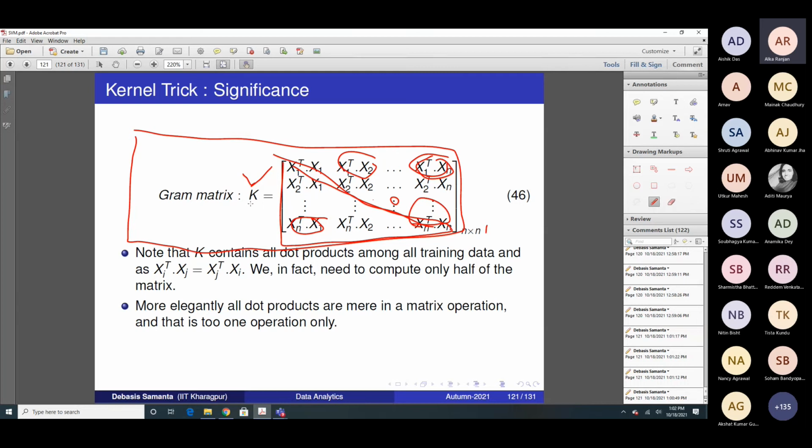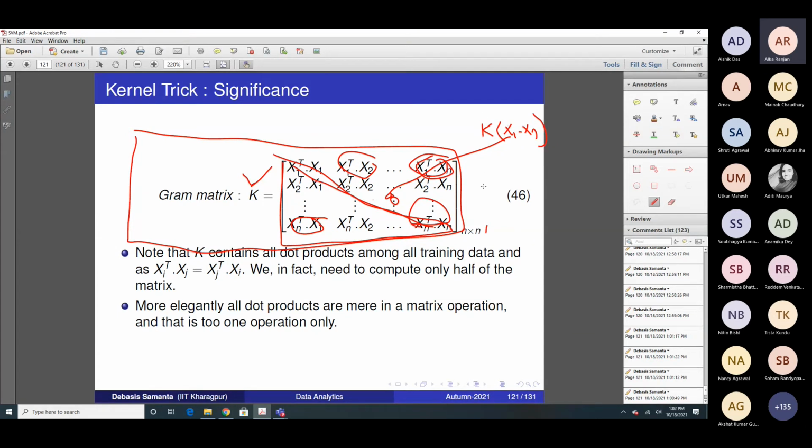So I can easily convert this Gram matrix K, which stores the dot product value, but instead of storing the dot product value, if I know this is my kernel function, then for any two vectors xi and xj, I store the kernel value here.